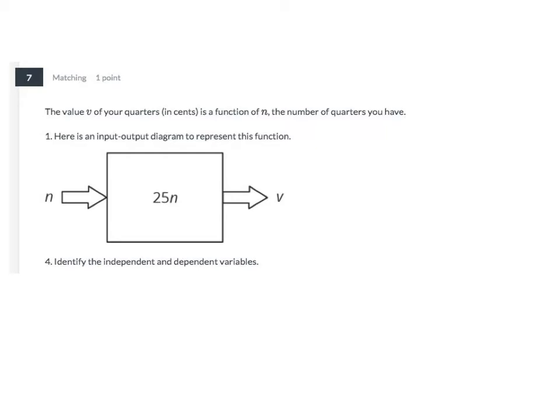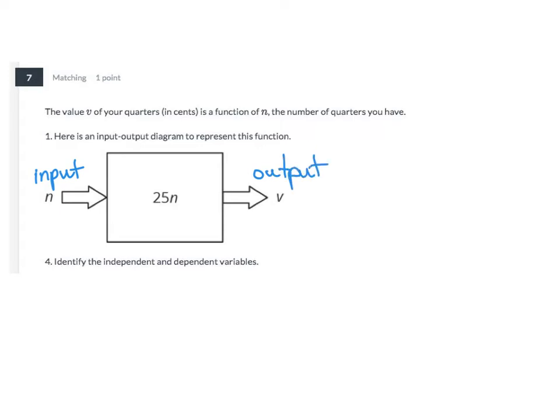Here is number 7. Again, we have the input-output diagram. Quarters and cents is a function of n, the number of quarters that you have. So if we have so many quarters, we can figure out how much money we have. It says identify the independent and dependent variable. Remember that our input is here, output is here.